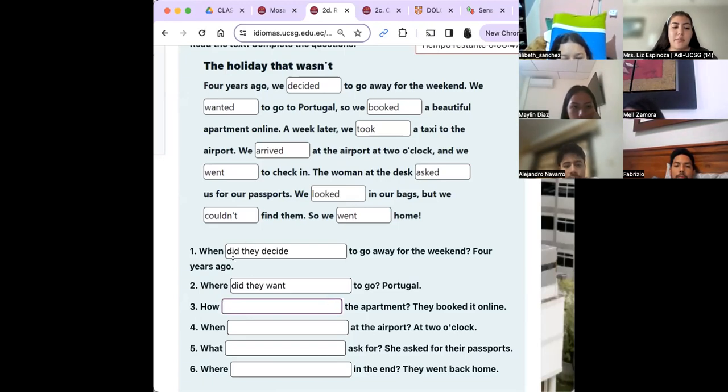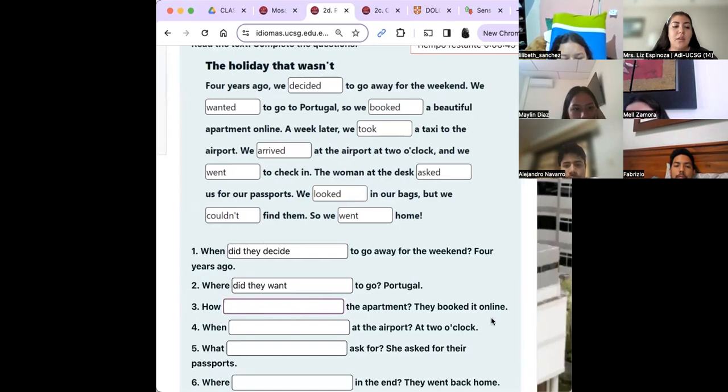What is the auxiliary that I need to use in past simple? How did? Did. Which is the subject? They. What is the verb? Book, because they're talking about the apartment.